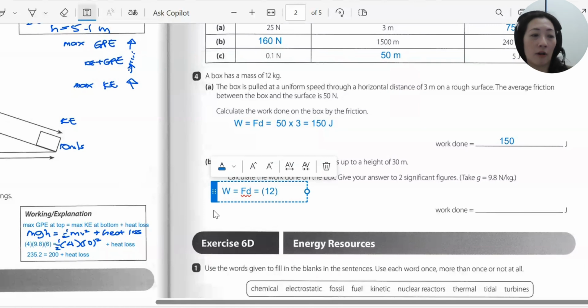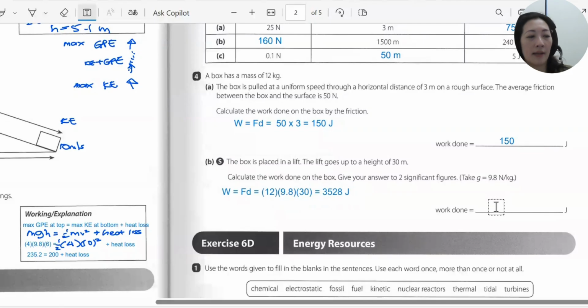So you need to convert the value of the mass of 12 kilogram into Newton by multiplying it with 9.8. That's why we put 12 times 9.8, and then you multiply it with the height, the vertical height. So let's do a quick calculation. And you should get 3528 joules.